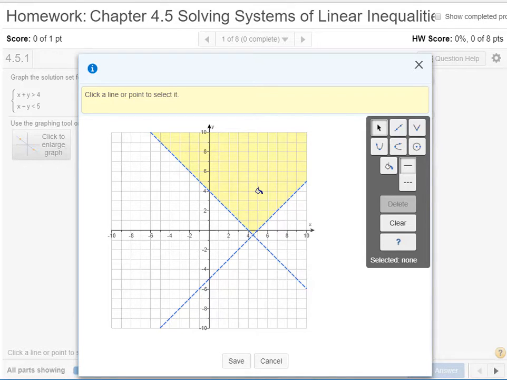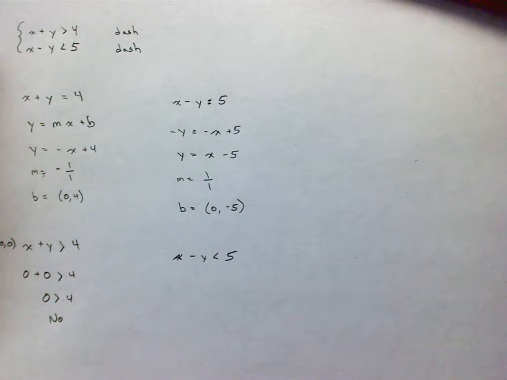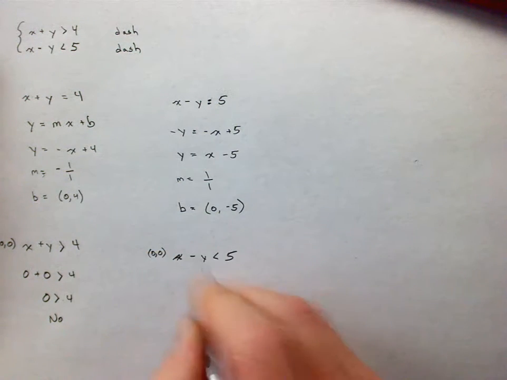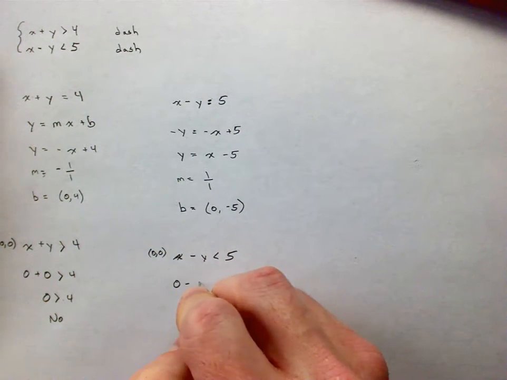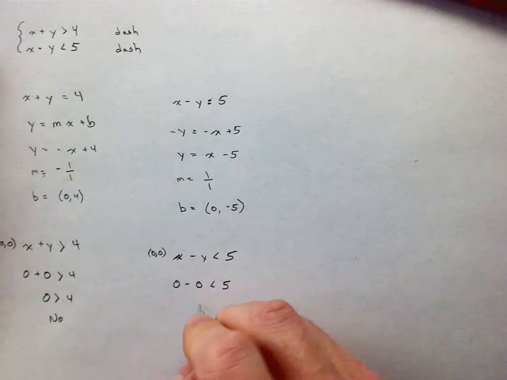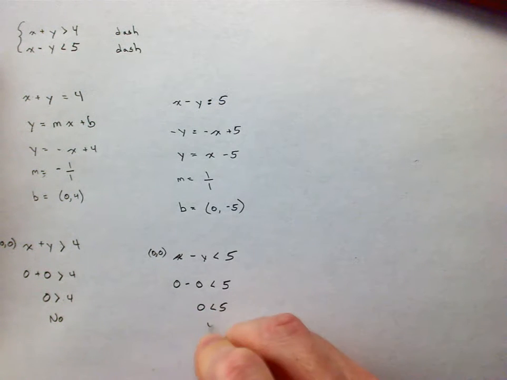The other hard part is making sure I switch back and forth between the screen and the paper. So again, I'm going to plug in the origin. Those numbers are easiest to use. I'm good with using zeros in my math. So what I have here is 0 is less than 5. Is that true? Yes.